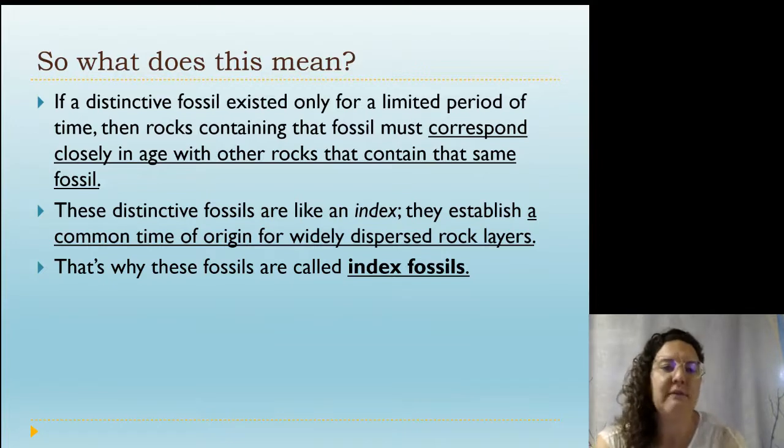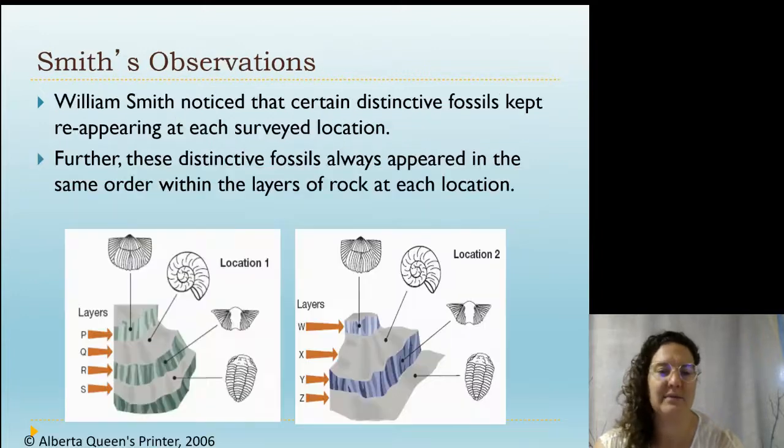So, if a distinctive fossil only existed for a short period of time, then the rocks containing that fossil must correspond closely in age to other rocks that contain the same fossil. These fossils are known as index fossils because they establish a common time of origin for widely dispersed rock layers. So they're known as index fossils because we can index how old rock layers are.